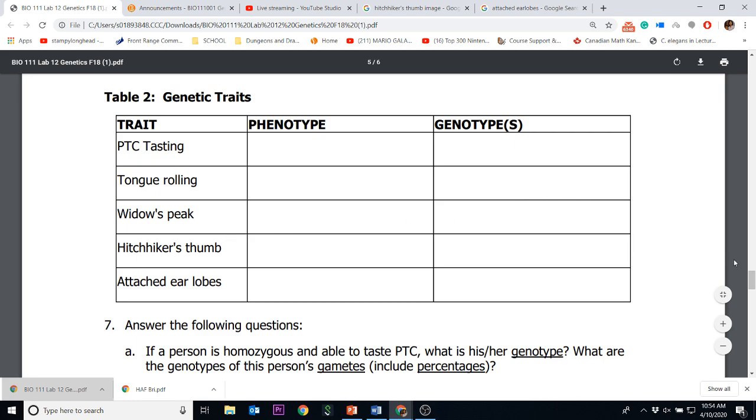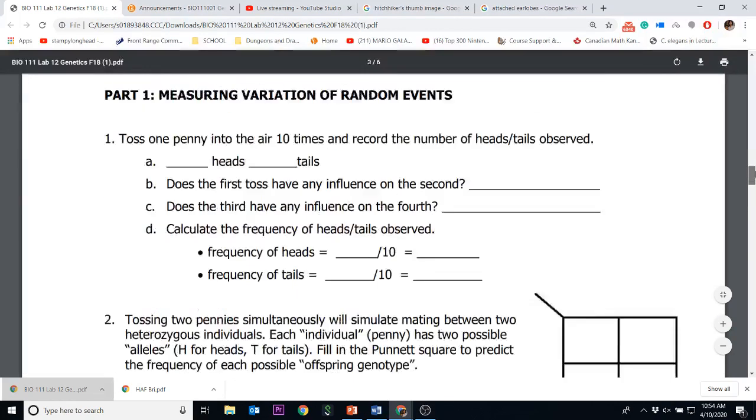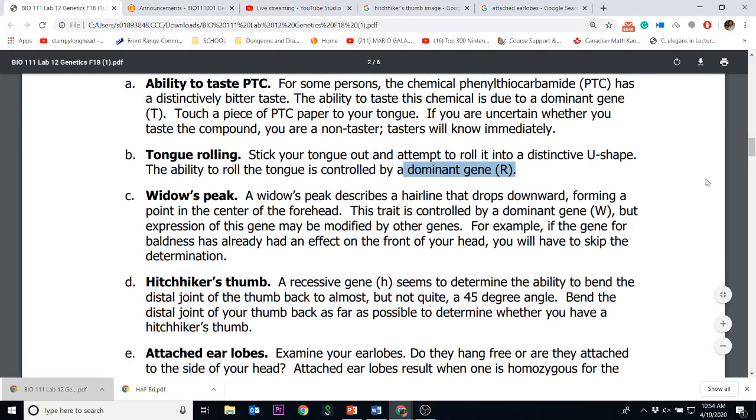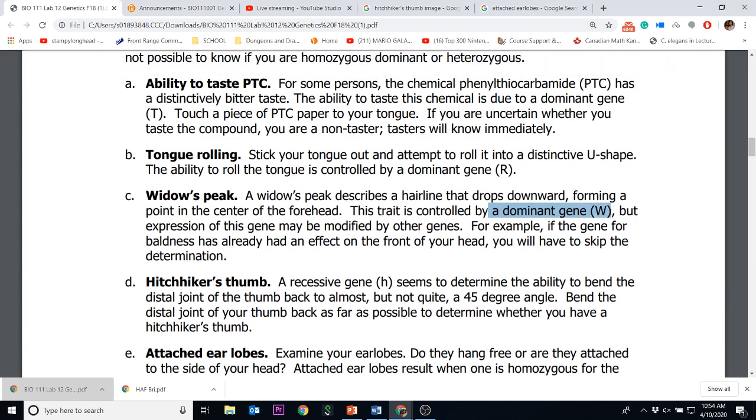So if you look at widow's peak, you do the same thing. It tells you widow's peak is, once again, controlled by a dominant gene, right? So you just follow the same logic as what I talked about in tongue rolling. If you have it, then you have to be heterozygous or homozygous dominant. If you don't have it, you have to be homozygous recessive.